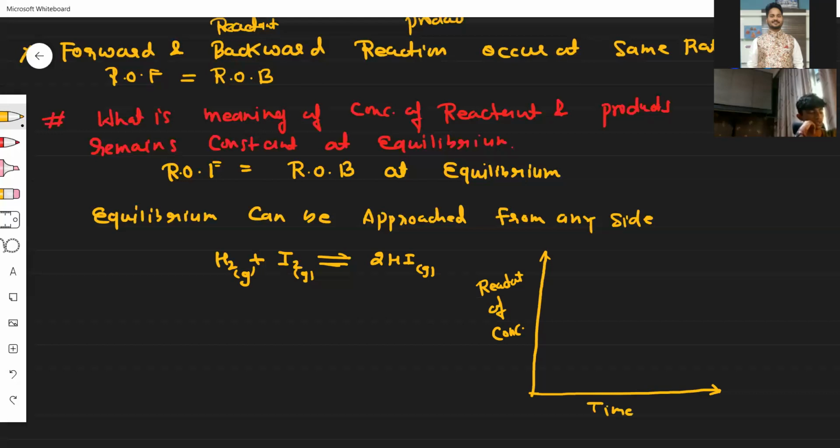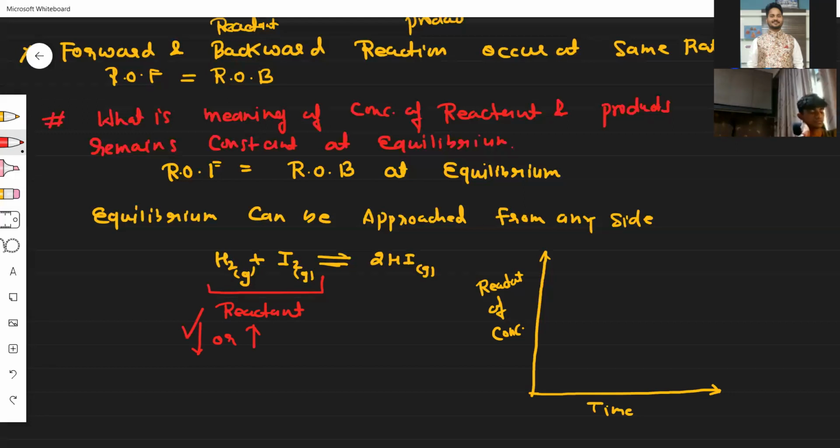Now you tell me, as the time will increase, concentration of reactant will decrease or increase? Well, concentration of reactant will decrease. This is the reactant. Is it going to decrease or increase? It will decrease, fantastic.